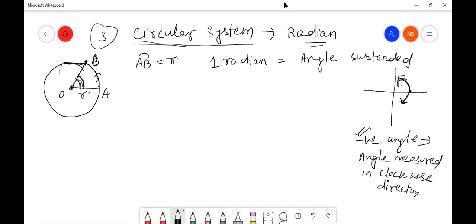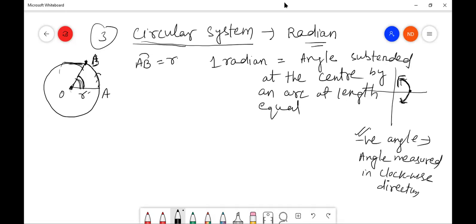That means when arc length equals the radius of the circle, the angle subtended at the center will be equal to 1 radian.